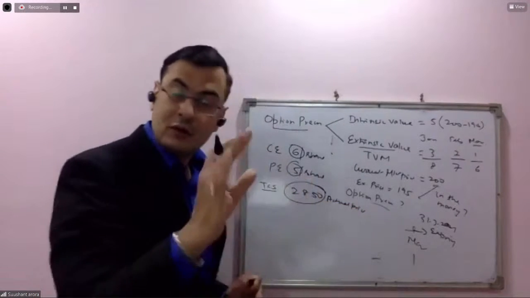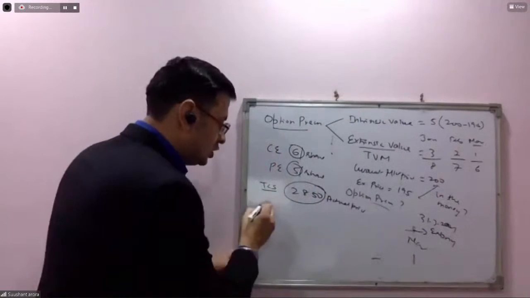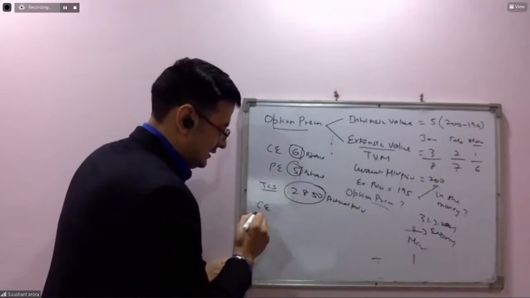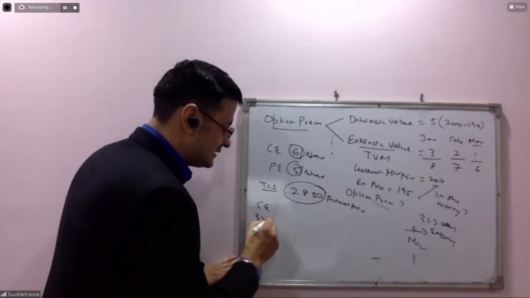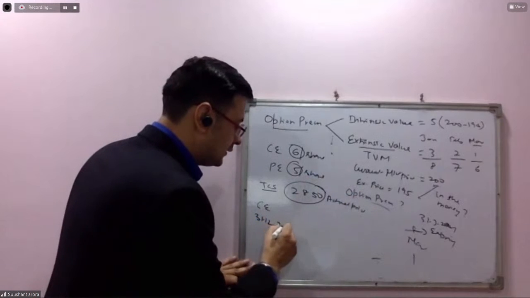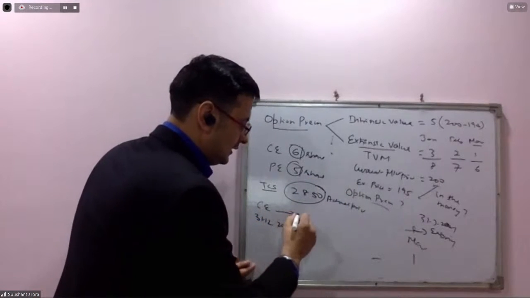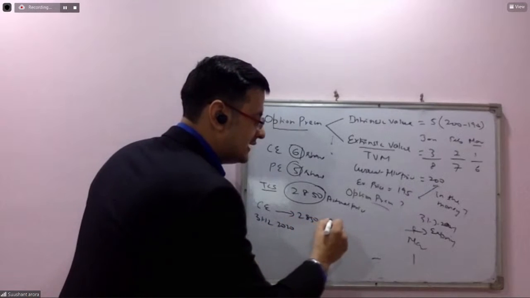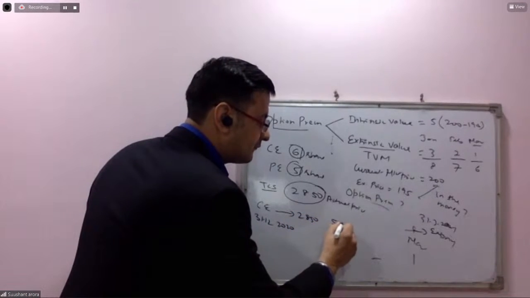Do you know at what price the call option was valued? The call option expiry was on 31st December 2020, which is still to come. The 2850 call was trading at 55 rupees.